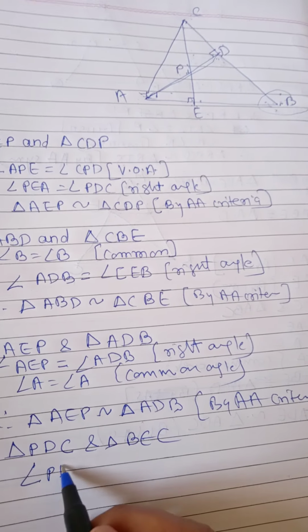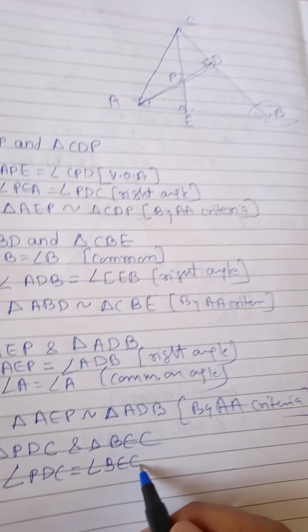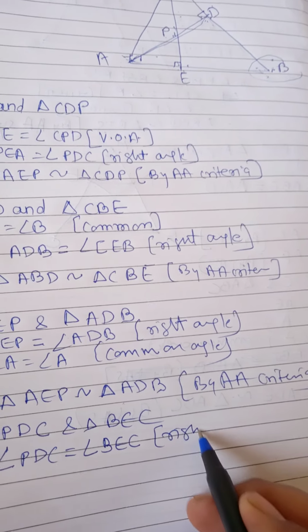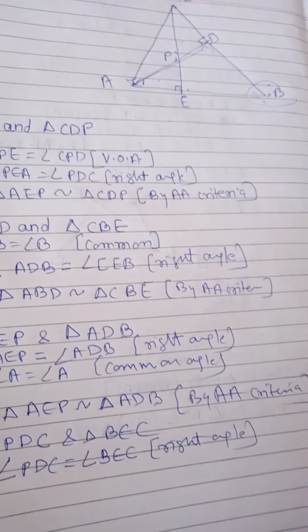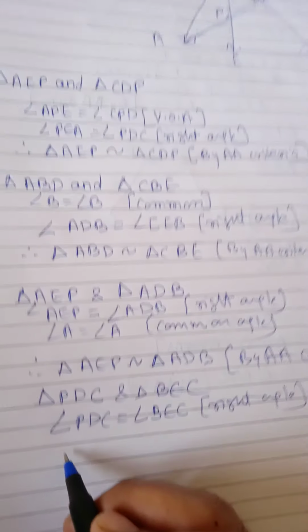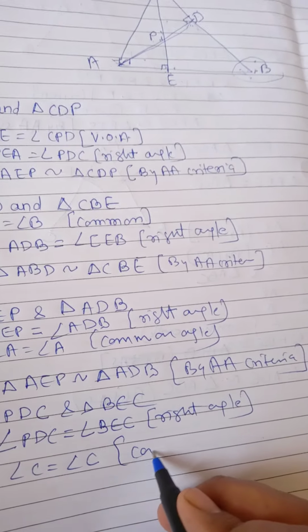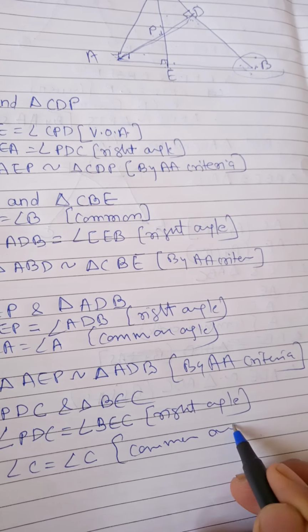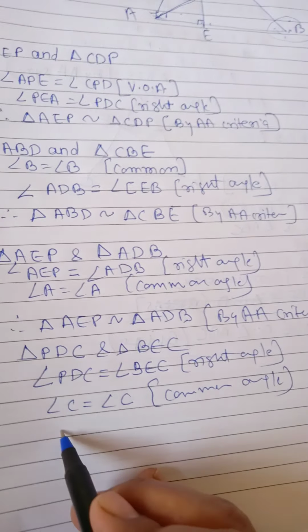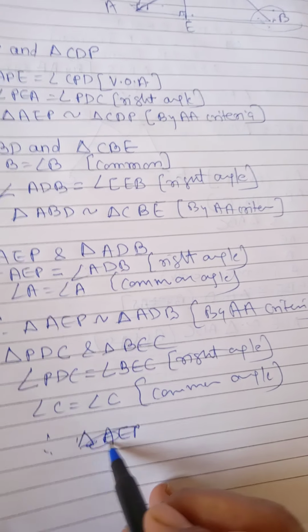Angle PDC is equal to angle BEC, right angle. Now what common you will get here? Can you imagine? It is C. Angle C is equal to angle C. C is the common angle. And therefore triangle AEP, sorry.